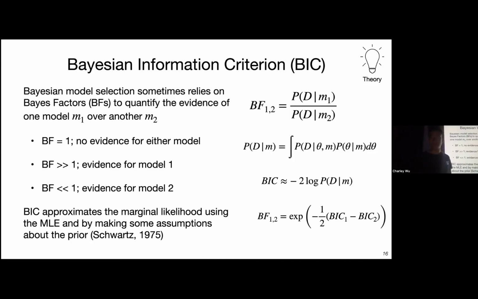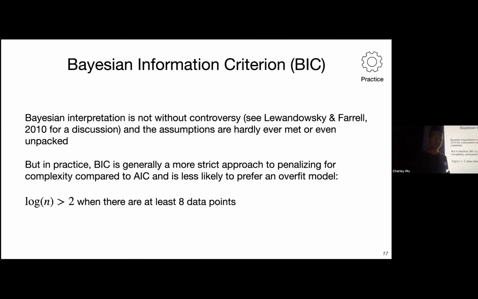What the BIC does is it tries to approximate this term here, which is -2 times this term. And by doing so, it allows us to compute a Bayes factor, where we can essentially take an exponent of the difference between the two BICs in this format. So this is the theory behind Bayes factors, but this interpretation is not without controversy.